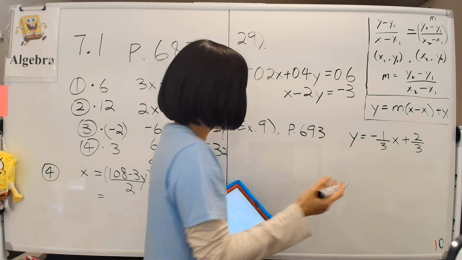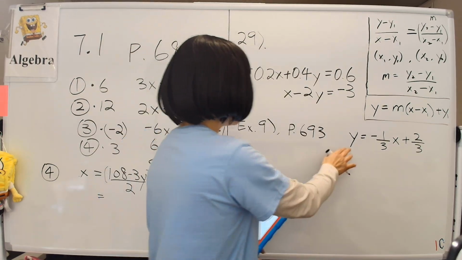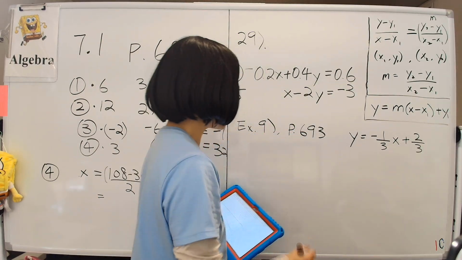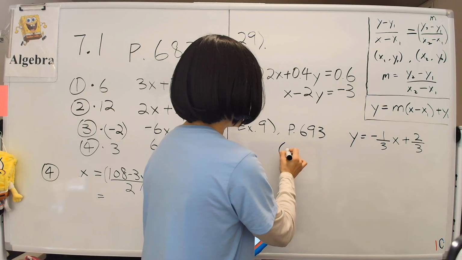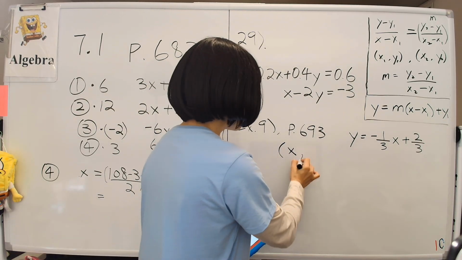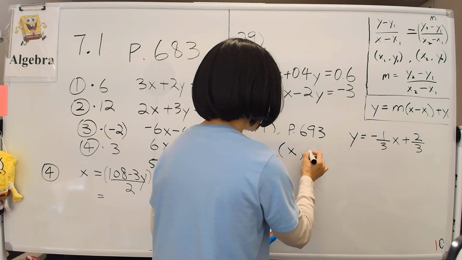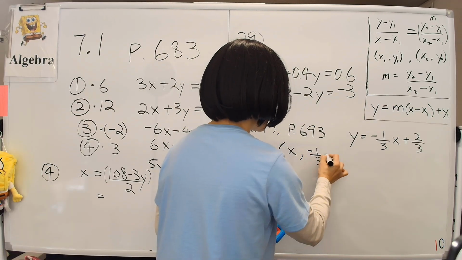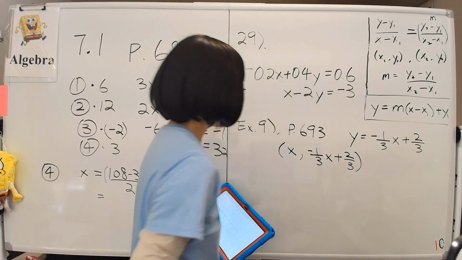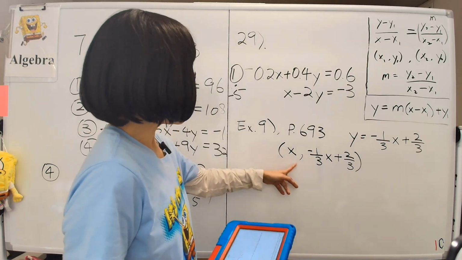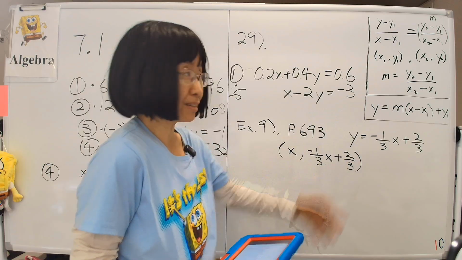So I will do the same. If your two lines are the same, we'll write the answer like this: x is just x, whereas y is that thing. So you write it this way: 3x plus 2/3. Yeah, so that is just another way of saying this. So it's not much of an answer.